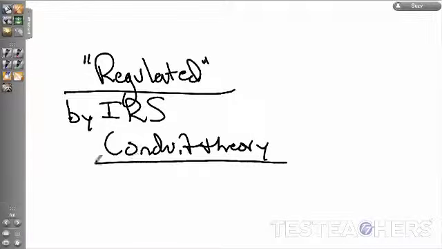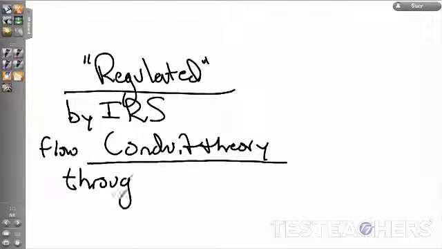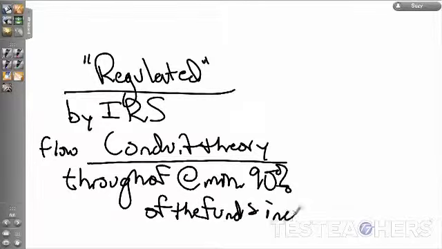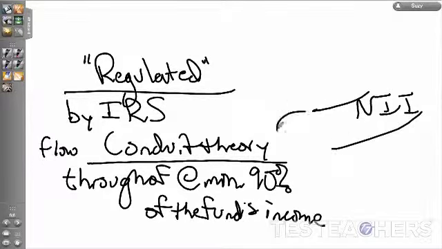The conduit, the pipeline, the flow through of, at minimum, 90% of the fund's income. So this includes capital gain distribution and dividend distribution. So out of net investment income comes the dividends, down the pipeline, through the conduit.